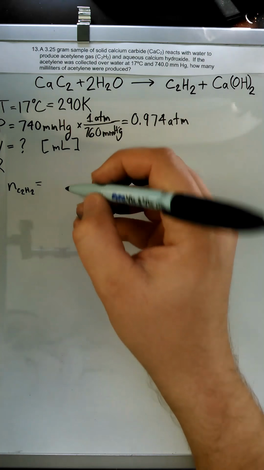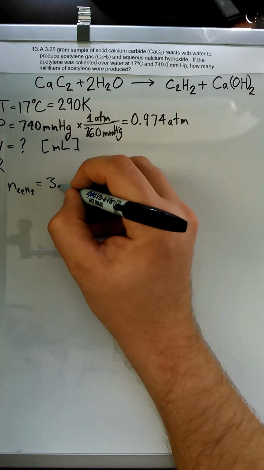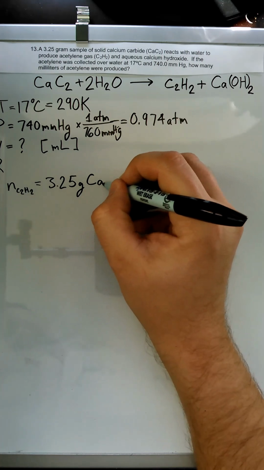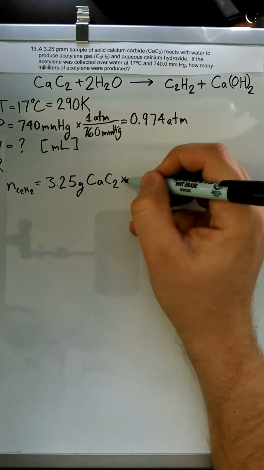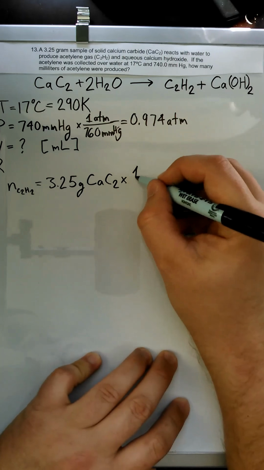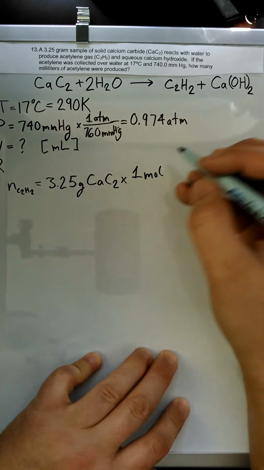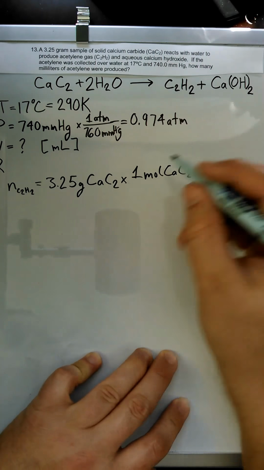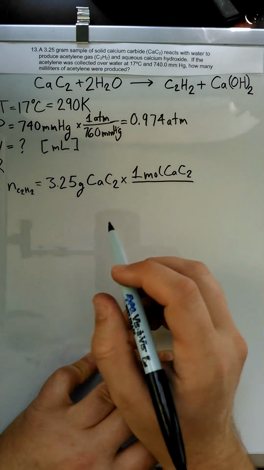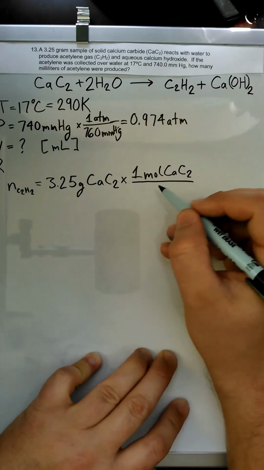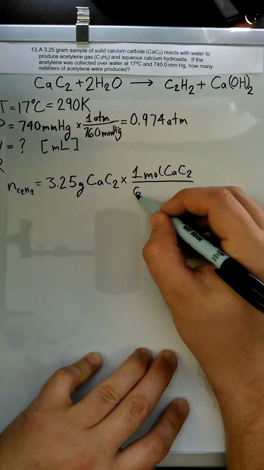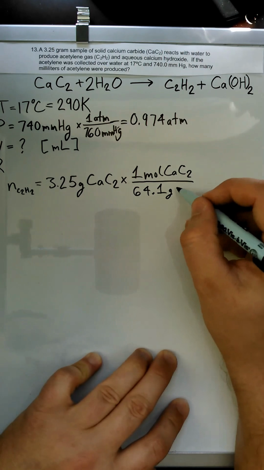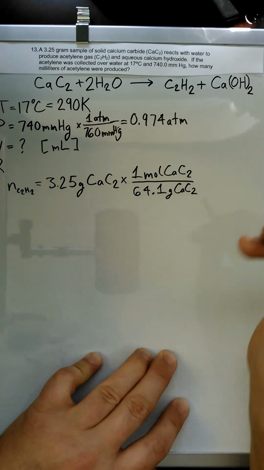So I'm going to start off with my 3.25 grams of calcium carbide. I'm going to divide by the molar mass of calcium carbide, which we can find from the periodic table when we add up the calcium, which is 40.08, and the carbon, which is 12.01 approximately. We would get 64.1 grams of calcium carbide.